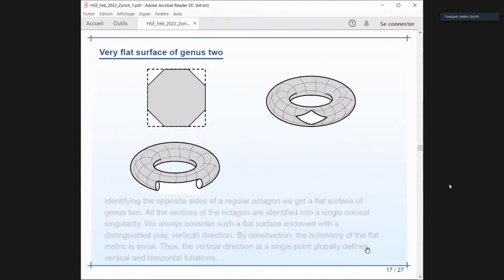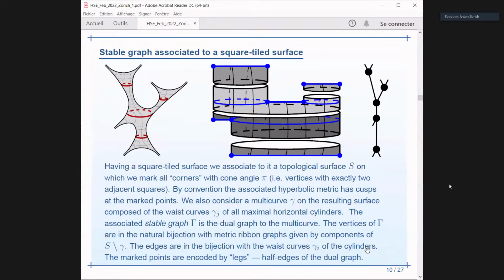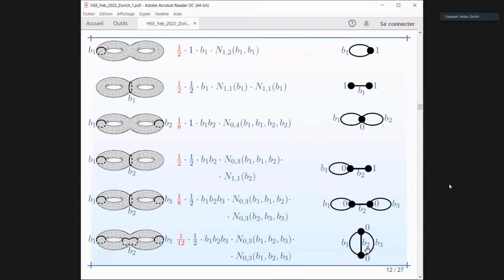No, then it means that I somehow failed my lecture, because my hope was the following: the conceptual proof of this formula for counting square-tiled surfaces was like this. I count square-tiled surfaces graph by graph. I put square-tiled surfaces into different bags, and every bag is indexed by the corresponding stable graph. So in genus 2, there are these 6 stable graphs, so I have 6 bags.